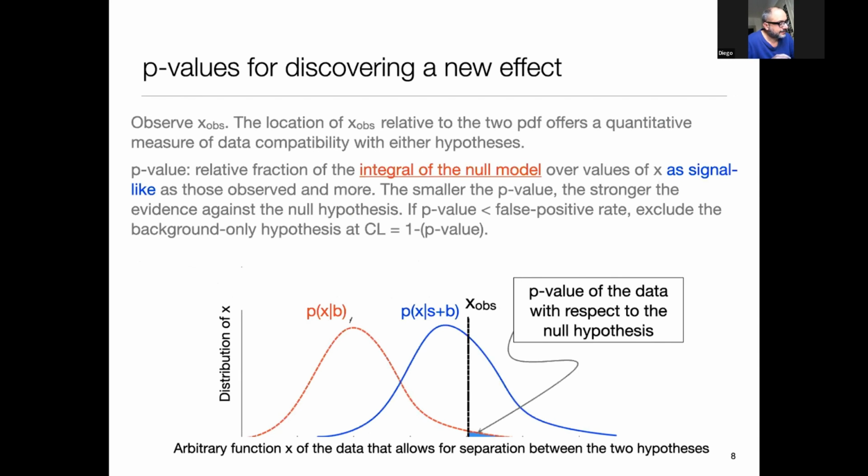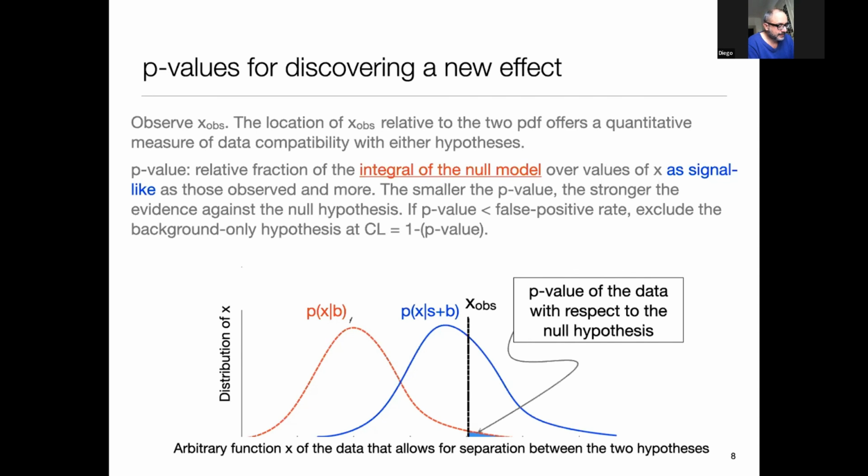So I look at the data and suppose that my observation is this black vertical line here. And this black vertical line in this particular experiment has fallen right to the right, in the signal-like region of my expectation.